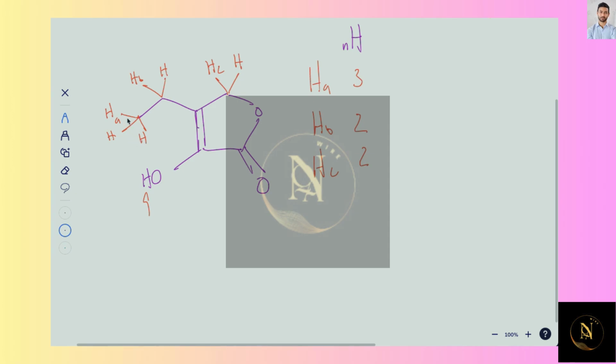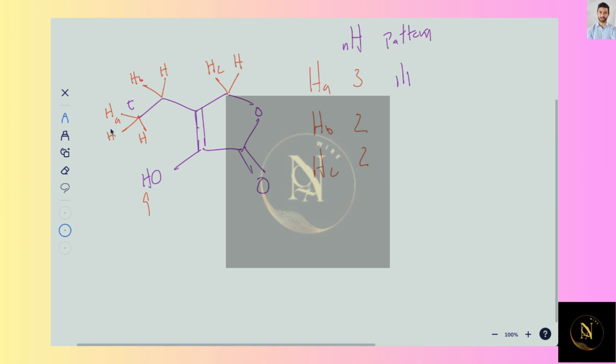Okay, splitting patterns. Let's look at hydrogen A. How many neighbors does it have? Well, it has 2 equivalent neighbors, so we should expect it to be a triplet. This is going to be a triplet, like so. Let's look at B. How many neighbors does B have?